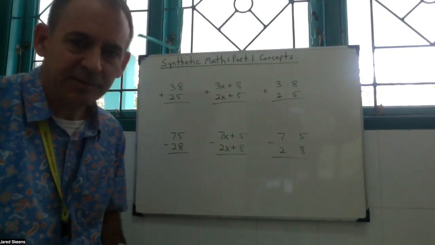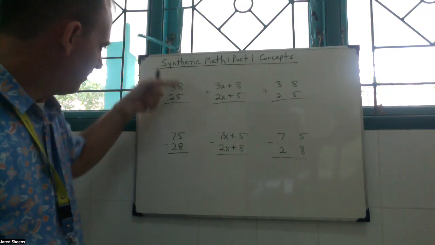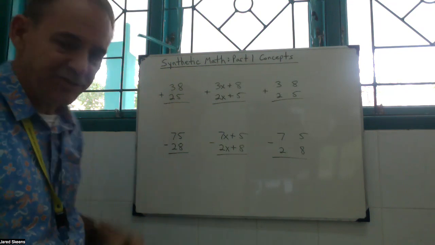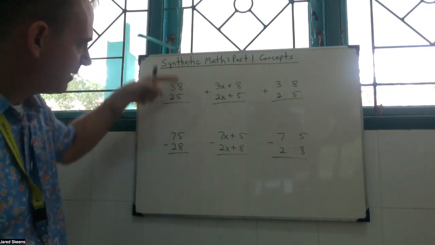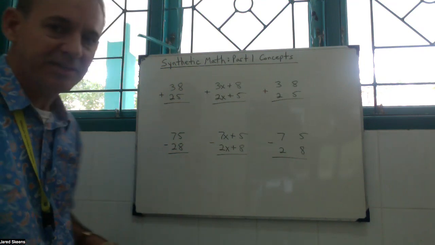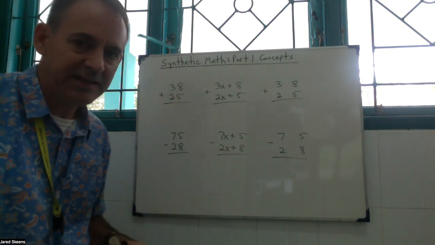Okay, let's first look at the platform of addition. In addition, we line up numbers based on their place value. So if we're going to add 38 plus 25, we see that we line up the ones column, we line up the tens column. When we add in basic math, we have 8 plus 5. Well, that's actually 13.